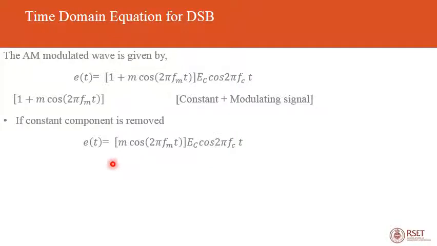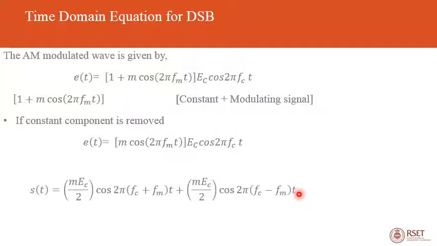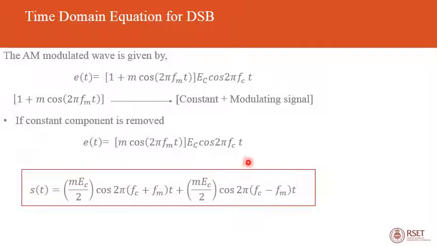The same relation can be used here, so the equation can be rewritten as m Ec by 2 into cos 2 pi (fc plus fm) t plus m Ec by 2 into cos 2 pi (fc minus fm) t. This is the expression for the double sideband signal.